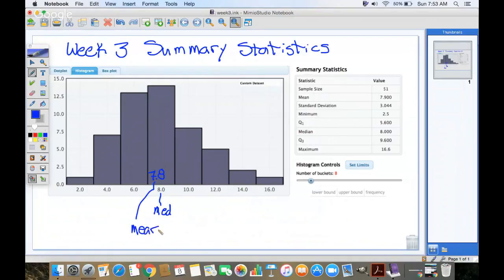And mean, more technically, it's called the arithmetic mean. Means average. And you've been working with average for a long time in different math classes. It's just the sum of the values divided by the count, how many, the sample size.